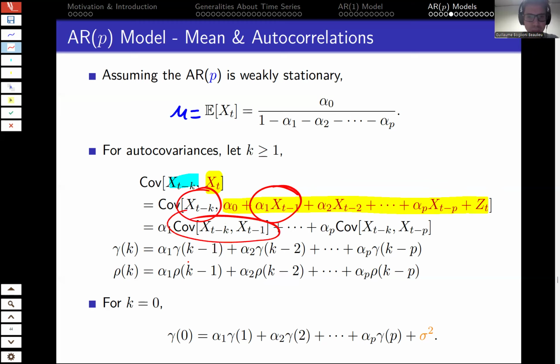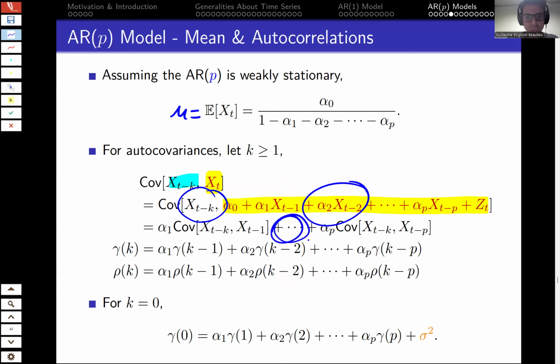For now we just write it as what it is. You can place the alpha 1 outside. Then you check the covariance between this and the second term, which is alpha 2 times the covariance between x_{t-k} and x_{t-2}. And then so on. The last term will be the covariance between this and this, which is here: alpha p times the covariance between x_{t-k} and x_{t-p}.